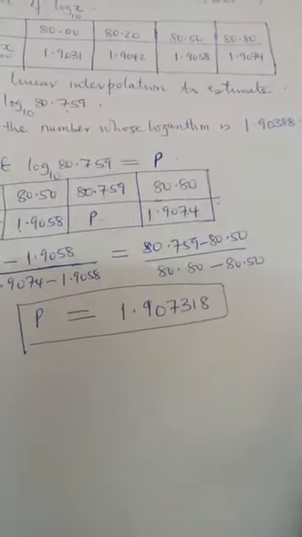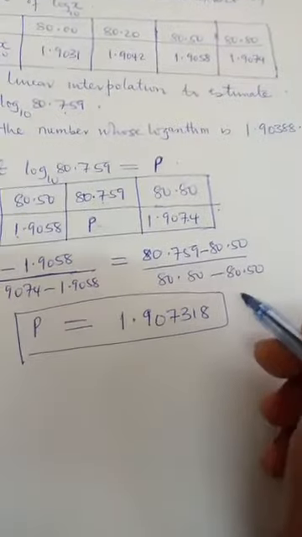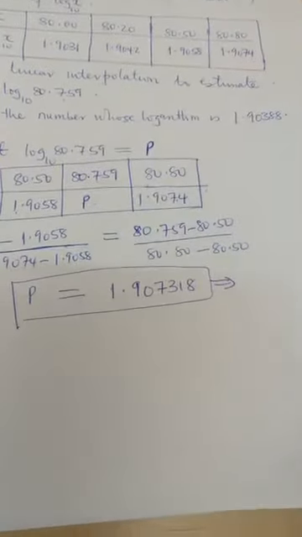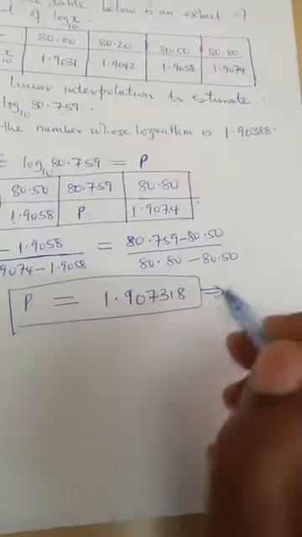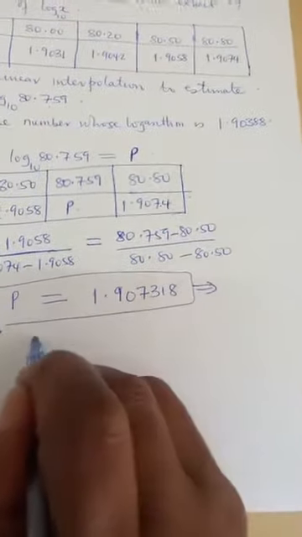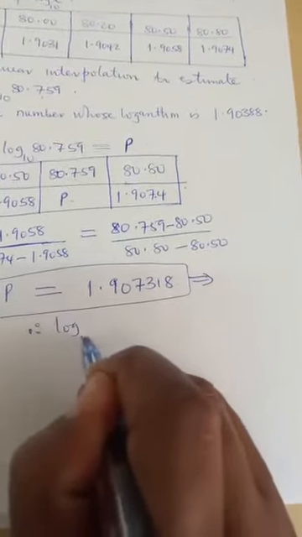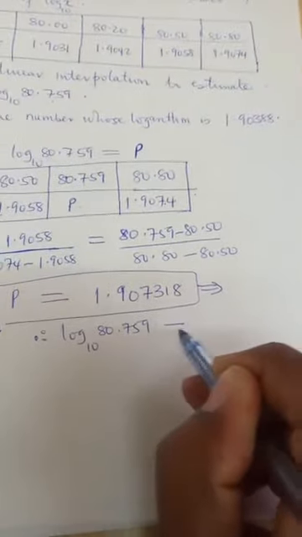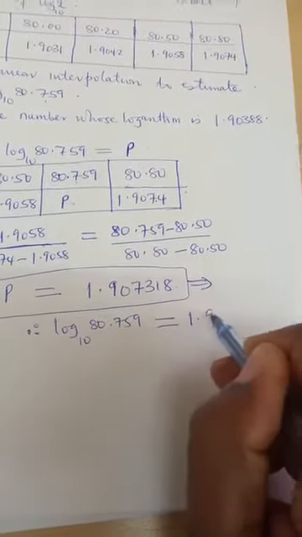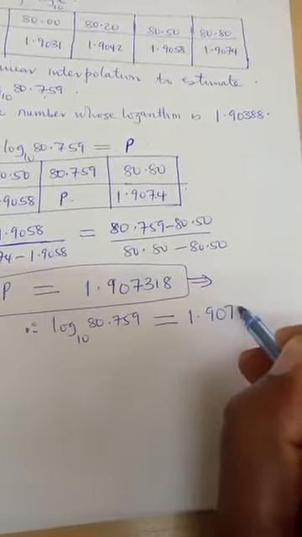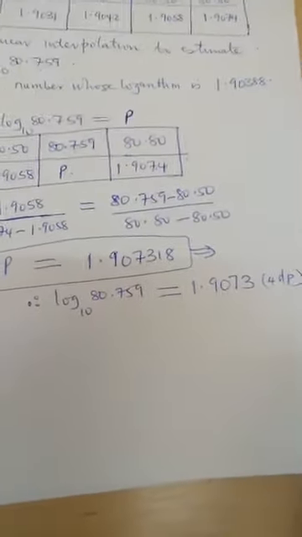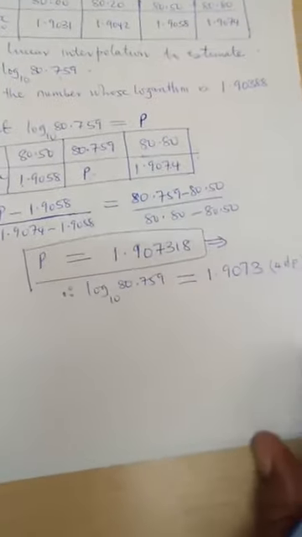And this gives us the solution for part P. But the answers are recorded to 5 significant figures, so we must conclude and let the final answer, which is the log base 10 of 80.759, be recorded as 1.9073 to 4 decimal places. That will be our answer for part A.